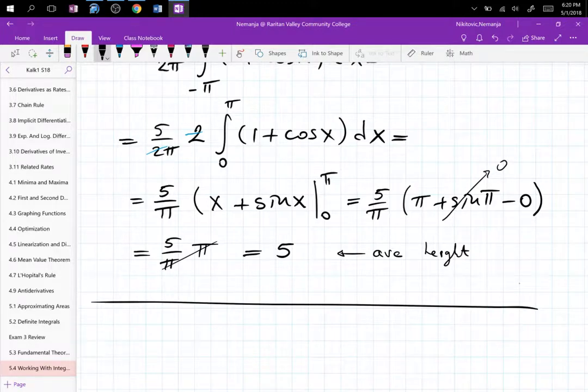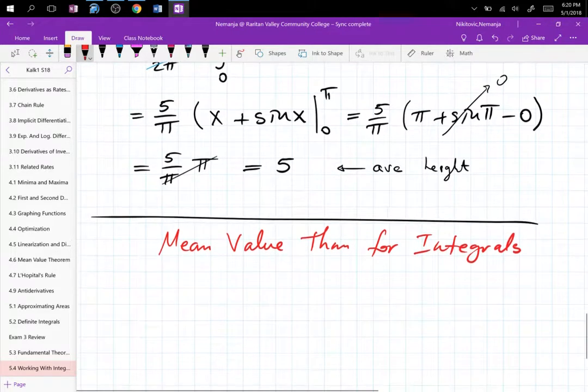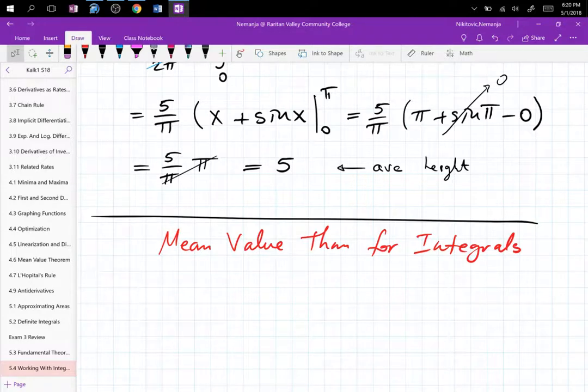The last concept in this lecture is the mean value theorem for integrals. Well, that was the average already. So what does the theorem say?